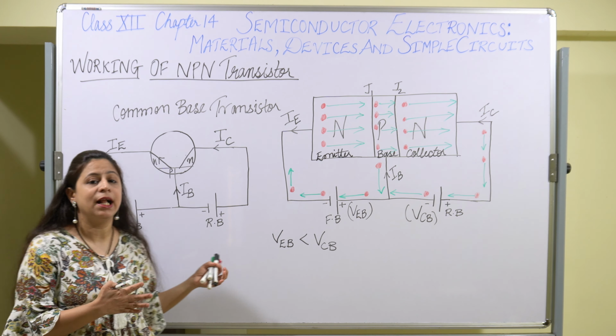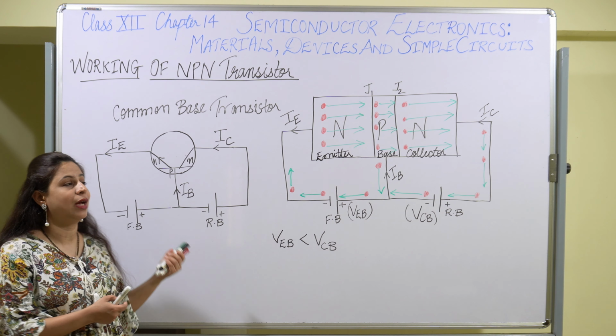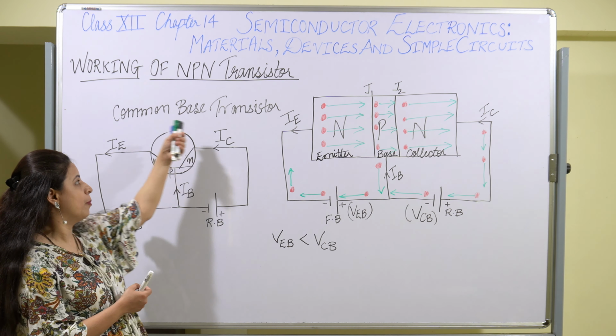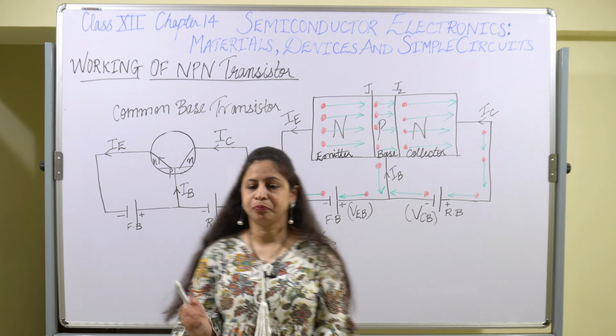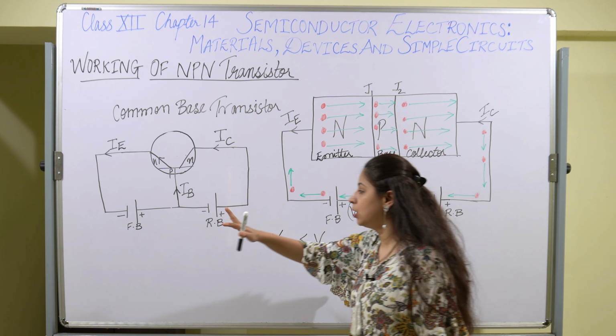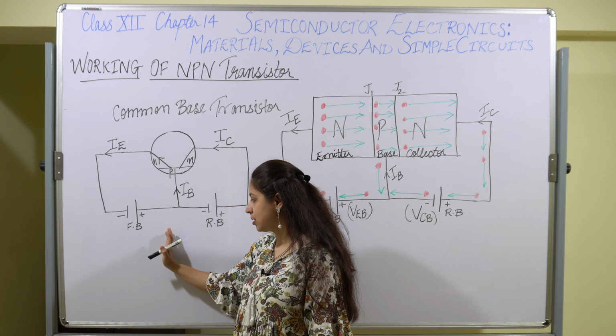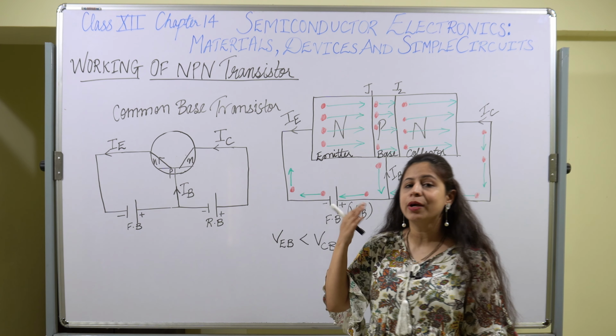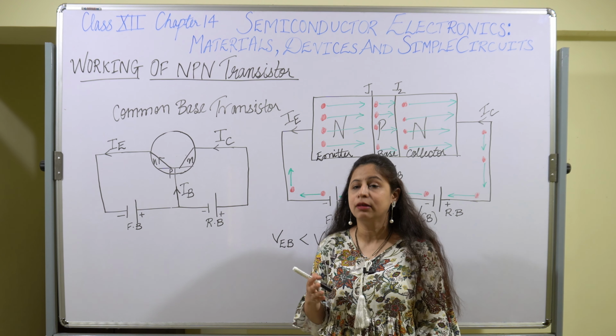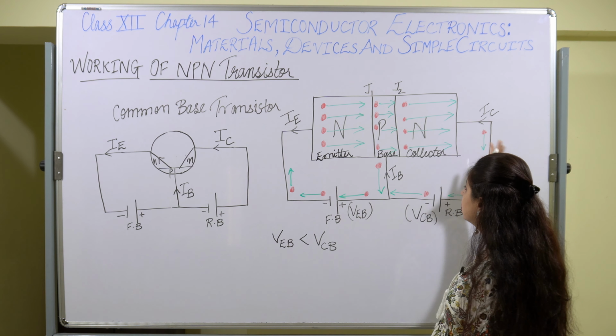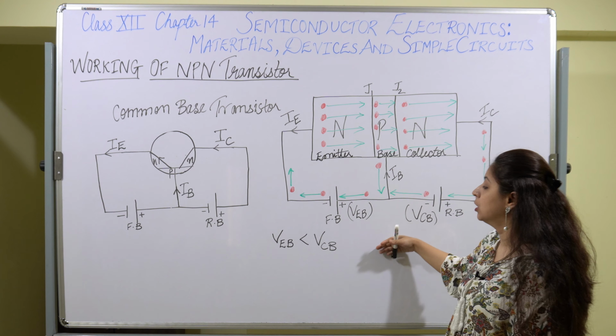But here I'll be explaining the NPN transistor with the help of the common base configuration. This is my actual symbol of the transistor, but in order to explain and understand, I have drawn a simpler view of the transistor.